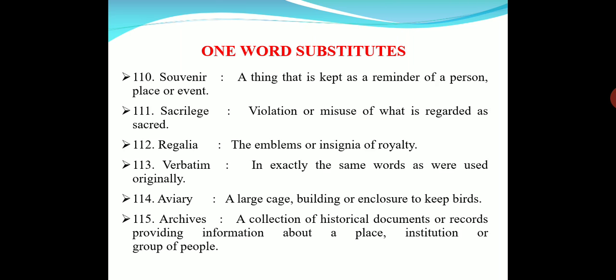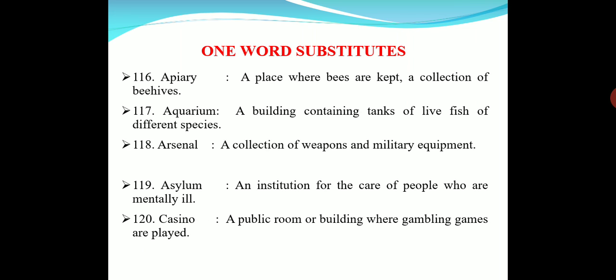Archives. Archives is a collection of historical documents or records providing information about a place, institution, or group of people. A collection of historical documents or records providing information about a place, institution, or group of people is called archives. And apiary.